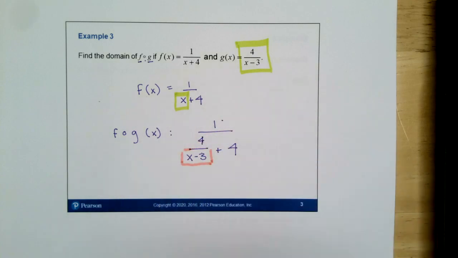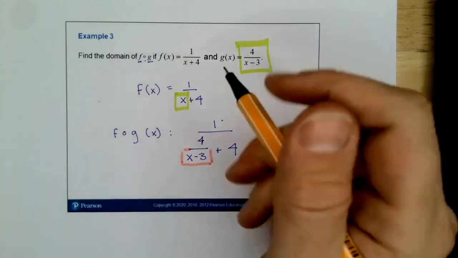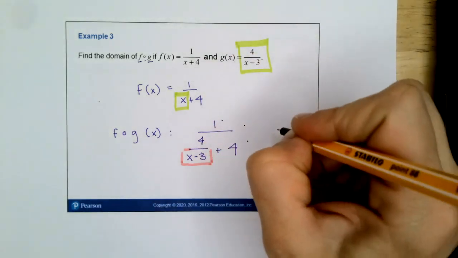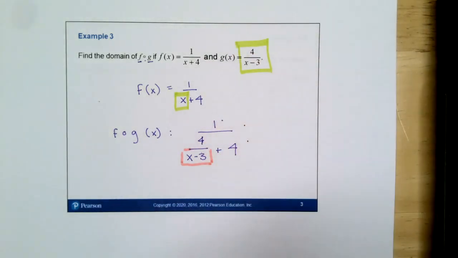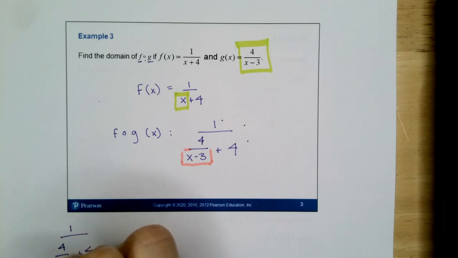So we're going to take the denominator of the inner fraction and multiply the numerator and the denominator of this fraction by it. So I'm going to write it again. 1 over 4 divided by x minus 3 plus 4.